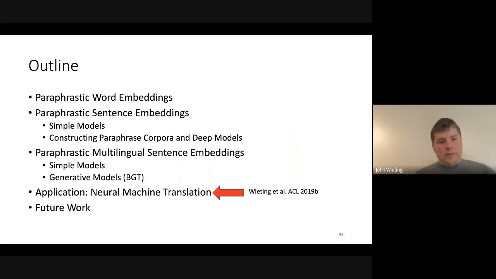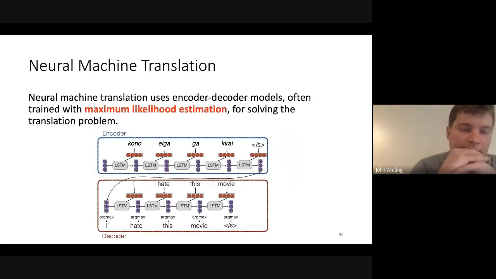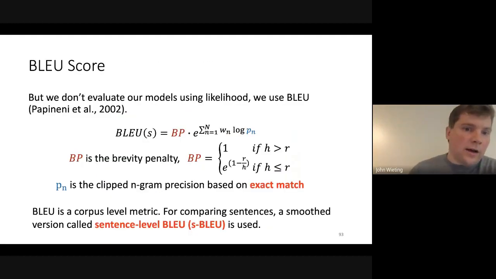And then real briefly, I'm just going to talk about machine translation. In our model, we have these paraphrasing representations, and they're very useful for detecting paraphrases automatically. But we hypothesize that they can also be used as a reward for fine-tuning generation systems, like for MT. In MT, most people use maximum likelihood estimation for solving the translation problem, and to fine-tune these models, they use BLEU, since that's what's used for evaluation.